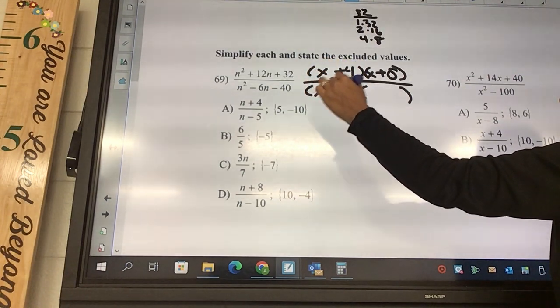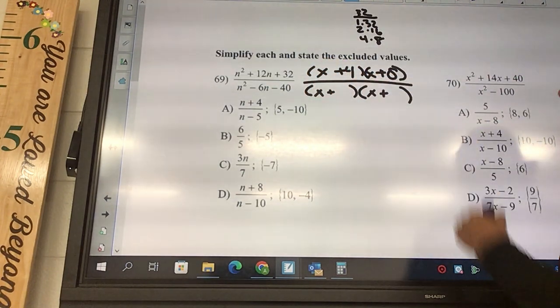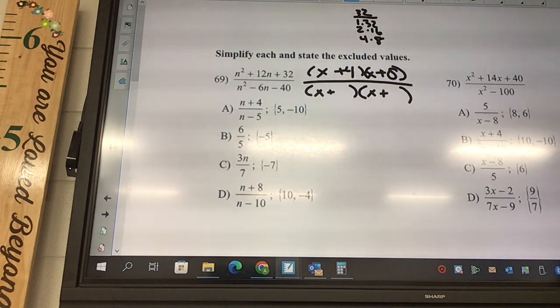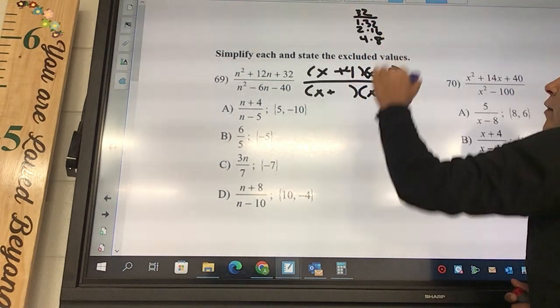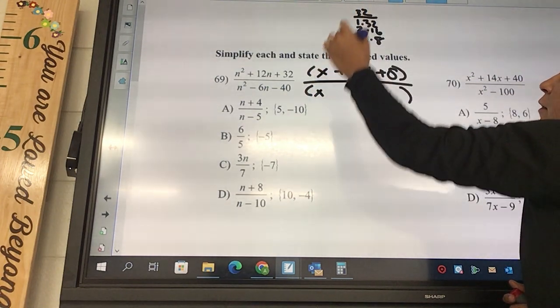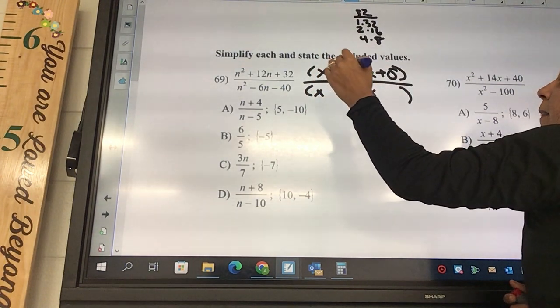Okay, for this one, what about for 40? I need something to give me a 6. So you got 1 and 40, 2 and 20, 4 and 10, 5 and 8. 4 and 10, these can give me a 6. How? Minus 4 plus 10.